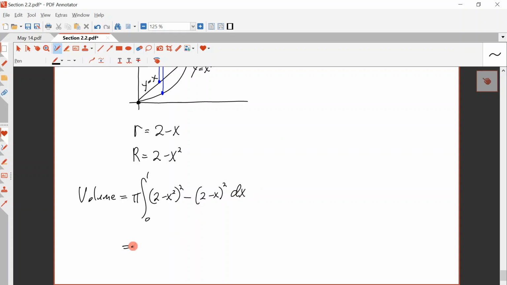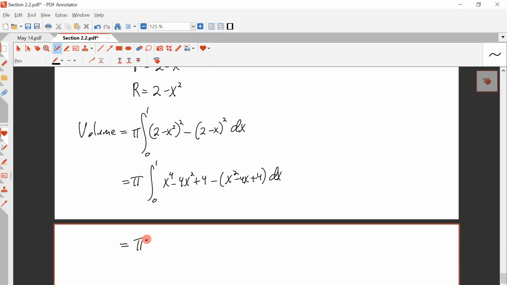So what you want to do is multiply out this whole thing here. We get x to the 4th minus 4x squared plus 4, minus x squared minus 4x plus 4.